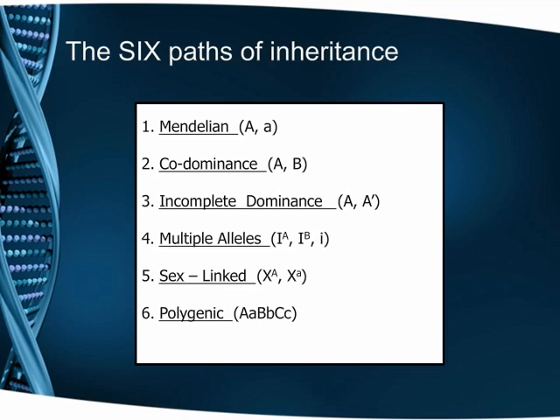For example, X big A and X little a. In polygenic inheritance, there is more than one gene controlling a trait. Poly is many, genic is genes. So in this case, instead of just having one gene controlling a trait, you might have a lot more than that. For example, gene A, gene B, and gene C.